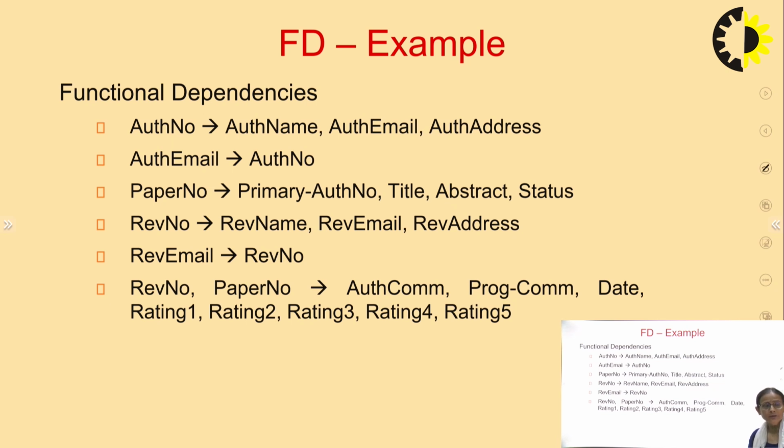Similarly, author number depends on author email because both are unique. Then the primary author number, title, abstract and status depend upon the paper number. Reviewer name, reviewer email and reviewer address depend upon the reviewer number, and again reviewer number depends upon the reviewer email. And from this we could say that author comments, program comments, date, rating 1, rating 2, rating 3, rating 4 and rating 5 are functionally dependent on reviewer number and paper number.